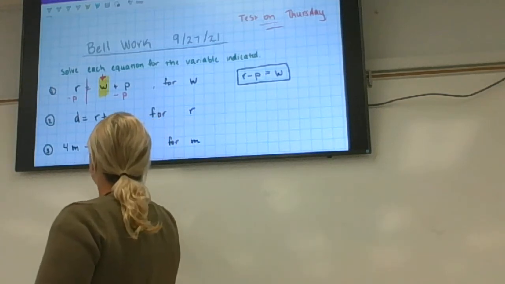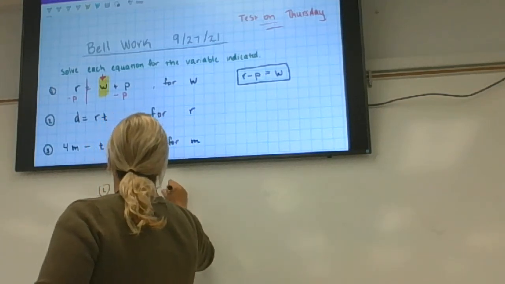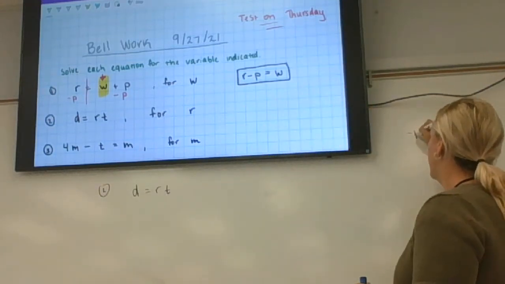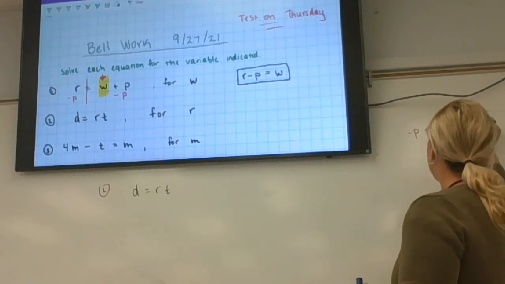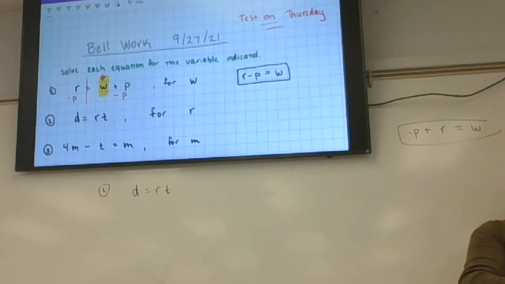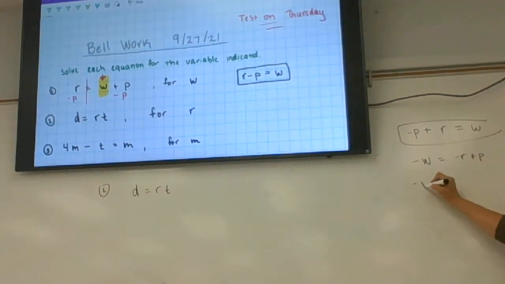How do you know what order to put R and P in? It doesn't matter. If you wrote negative P plus R equals W, that's almost a little bit better. I got negative W. That's still right. Okay, let's look. If you had negative W equals negative R plus P, or negative W equals P minus R, which one do you have?